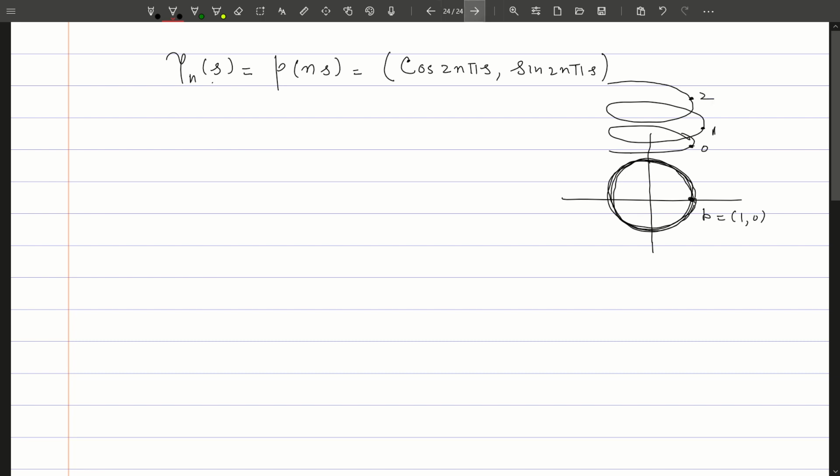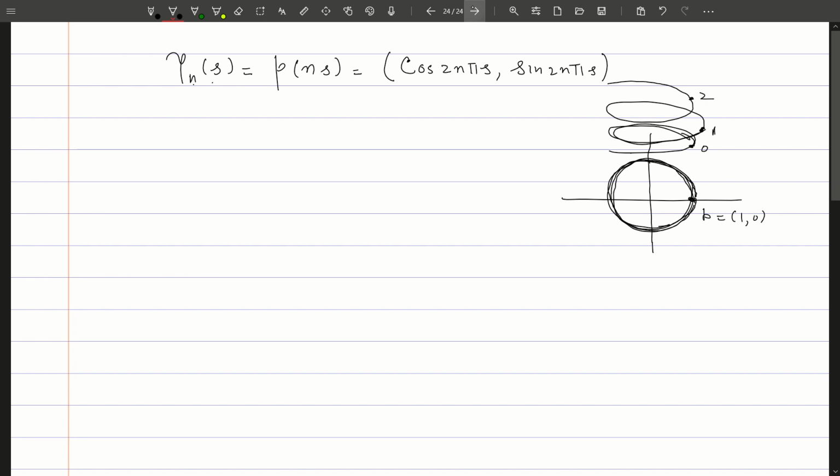If we take n equal to 1, then we have a loop which travels the circle one time, and the lift starts from 0 and ends at 1.